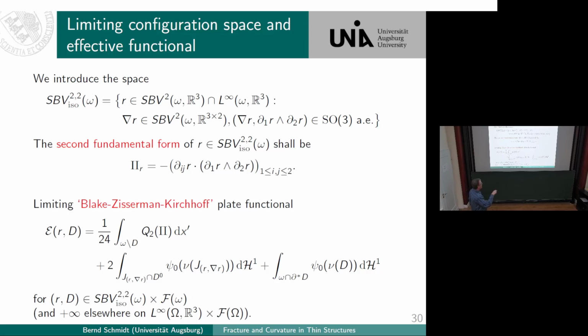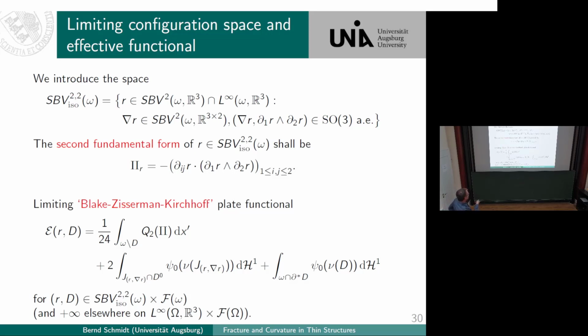Because in some sense, as for the rods, there are two ways you can introduce cracks. So you can have a crack of the field R itself, because this is an SBV, so you can have a crack set. But also the gradient of R itself can have a crack. So in fact, what we integrate here is over the crack set of R and of the gradient of R, just as you would do in this Blake-Zisserman formula where you penalize jumps in R and kinks and jumps in the derivative of R, right?